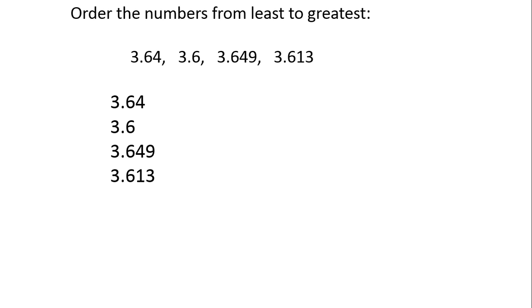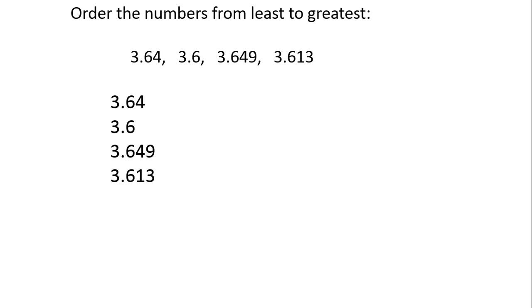Well, let's take the numbers and let's just write them vertically so that we can compare digits in each place. We can compare the value of the digits in the same place to see if we can figure out which numbers are the least and which numbers are the greatest. Now there's another thing we might want to do here too.